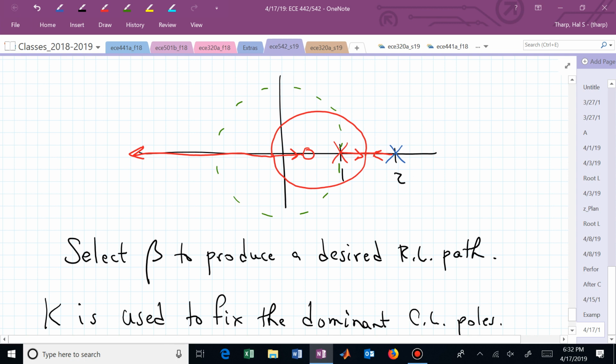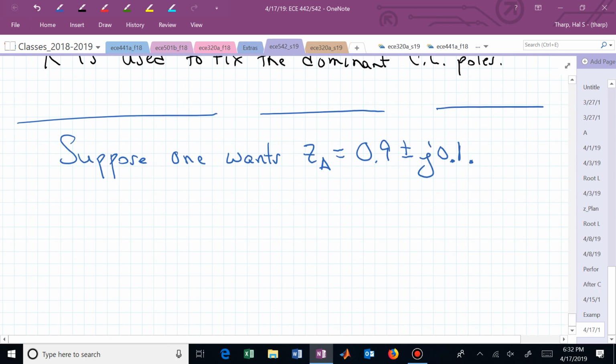Can we now figure out how to pick that beta, the 0 location, based on this specification? We're trying to answer the question, is it possible to achieve this Z delta with a PI controller?